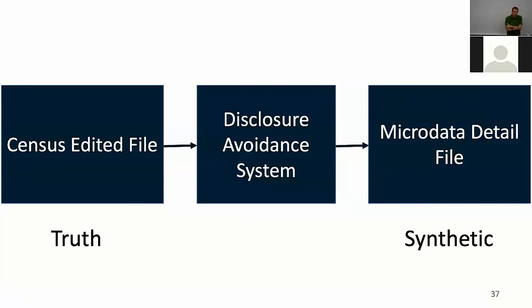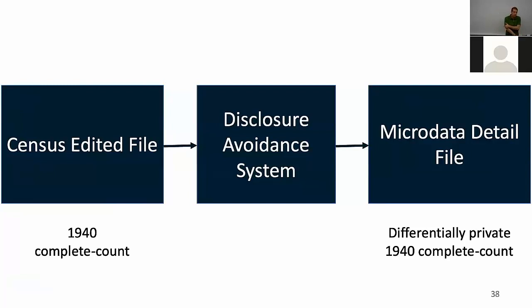So in thinking about this, as I talk more, think of the census edited file as truth, or as true as any data set can be. It's the gold standard against which we will compare differentially private information. The microdata detail file is really synthetic. There is no one-to-one relationship between the microdata detail file and the census edited file after it's gone through the disclosure avoidance system. In our example, the 1940 complete count data from IPUMS is the equivalent of the census edited file.